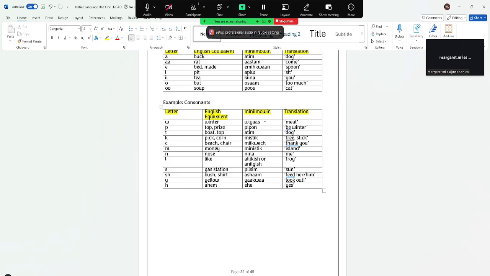The Y sound in English, yellow, and in Cree, yagwa, meaning look out.